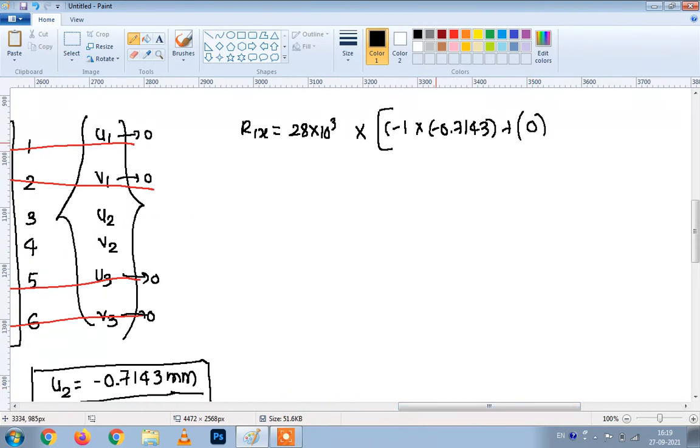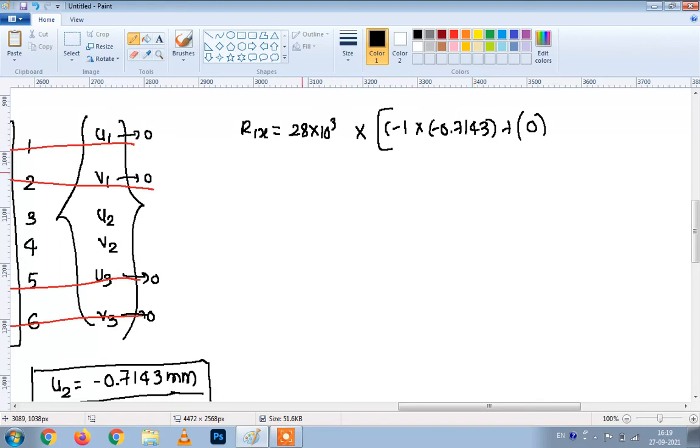So -1 into this particular minus 0.7143, let me calculate, just a minute. You also do the calculation so that your confidence will get increased.